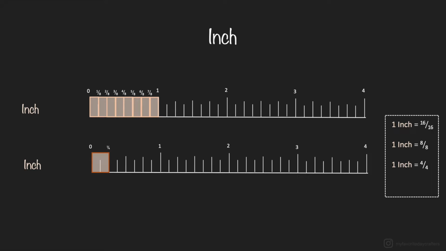And as you can see here, 1/4 of an inch is exactly the same as 2/8 of an inch. But even if those two measurements mean exactly the same and are the same size, you wouldn't find the 2/8 on your scale, but instead it would be substituted by 1/4 of an inch.